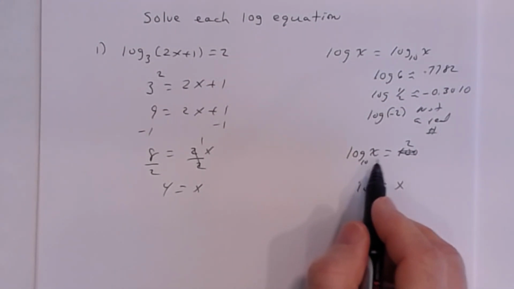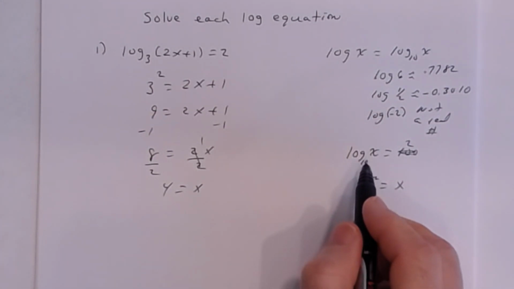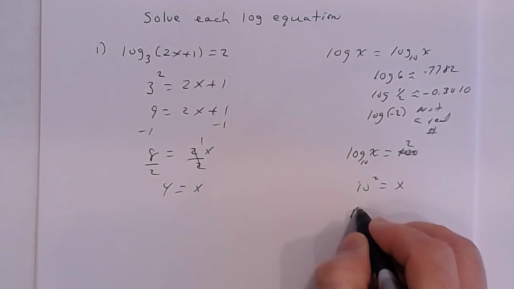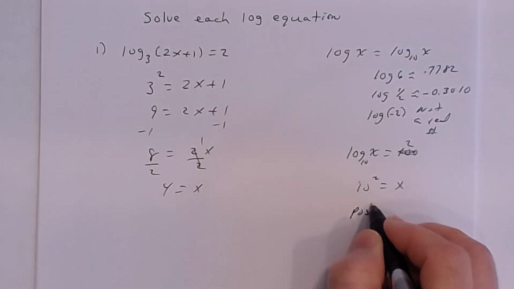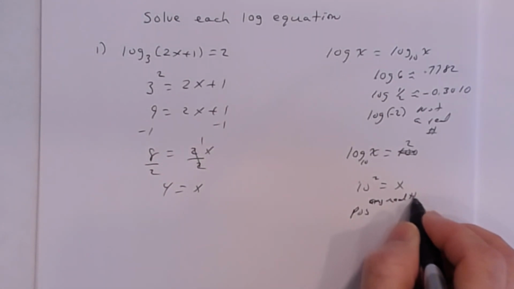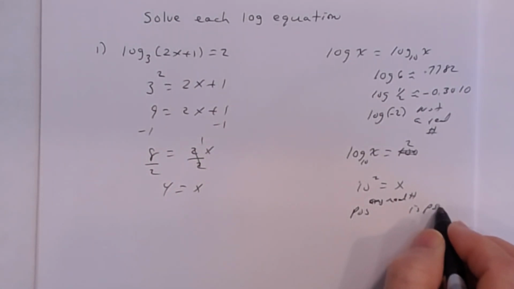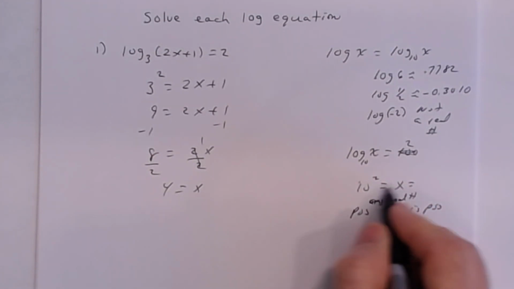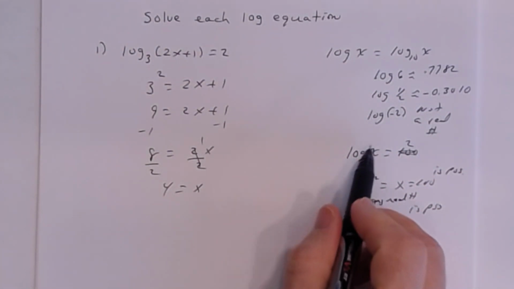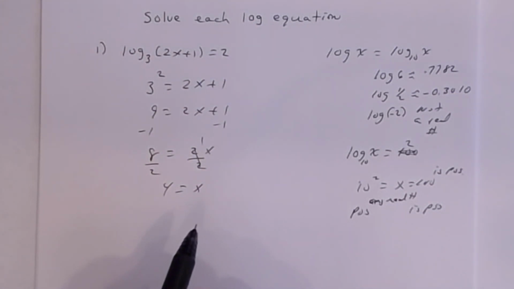So a positive number raised to any exponent, any real number, is always positive. So you see this x, which is 100, is positive. That's why the argument must always be a positive number. You can only take the log of a positive number.